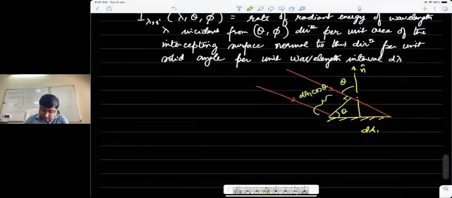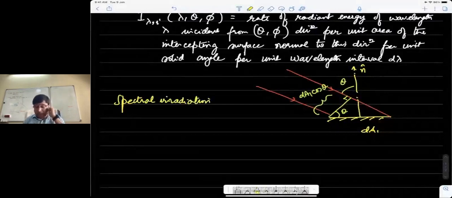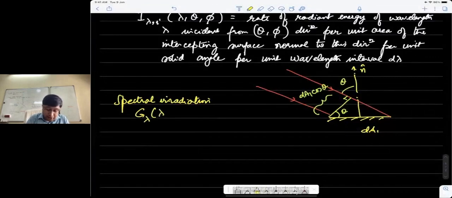So based on that, we can also define what would be spectral irradiation. Special symbol for irradiation, by the way, we use the symbol G when we characterize irradiation. So we can write spectral irradiation to be G with a subscript λ. So spectral irradiation is essentially sum of radiation received by a surface from all directions.